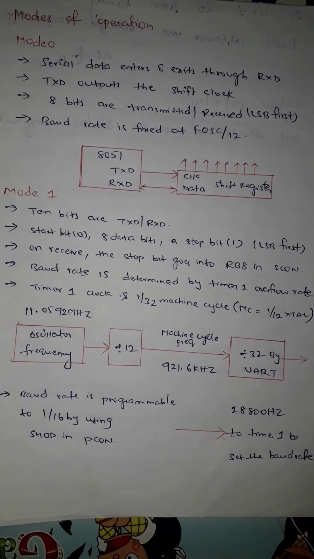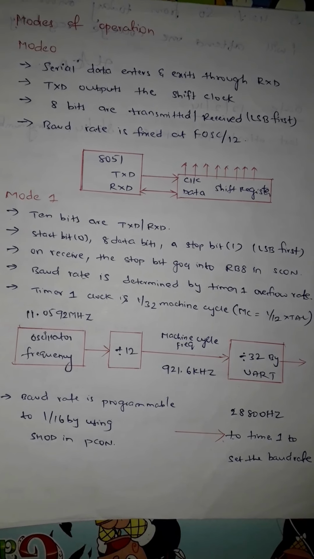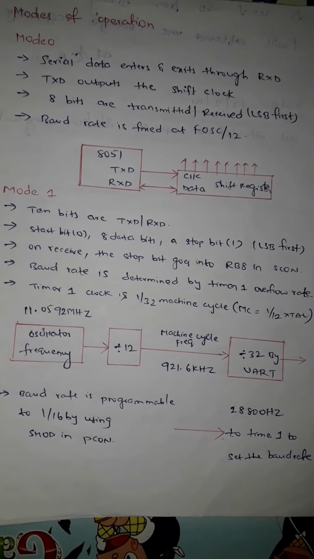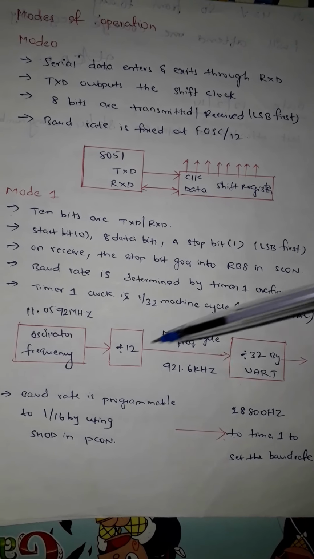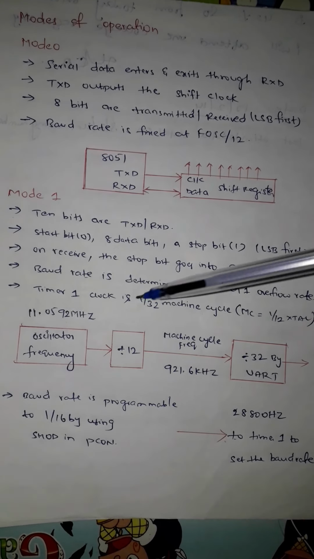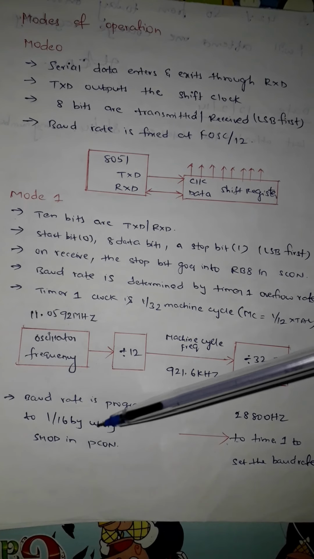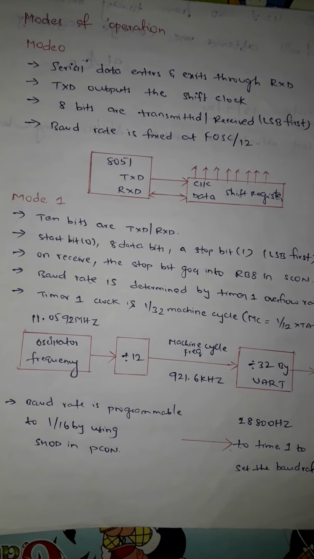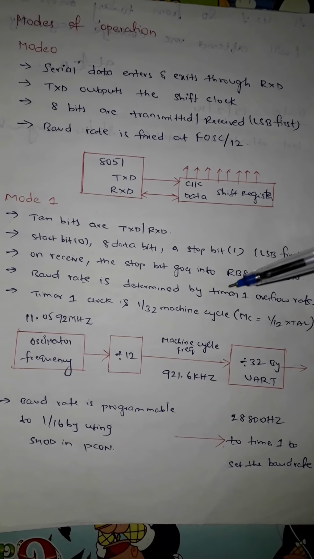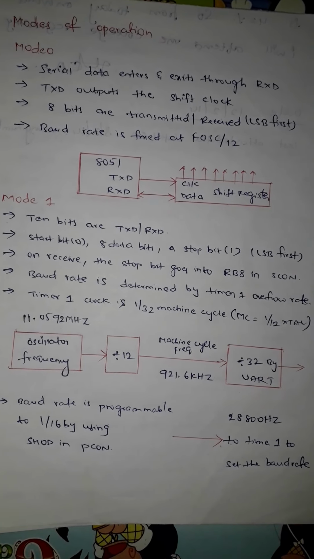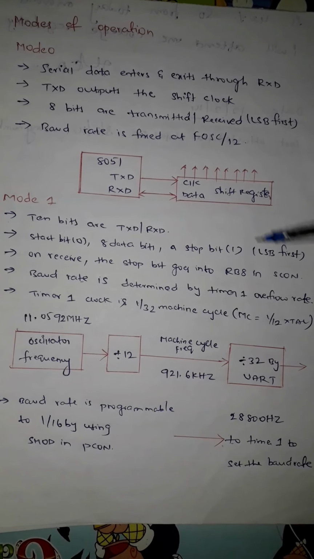In the PCON register, the SMOD bit, the most significant bit, is used to select the baud rate. If SMOD is set to 1, then 1/32 is selected, that is the double baud rate. If it is set to 0, then 1/16 is selected, and the machine cycle frequency is 1/12 of the crystal oscillator frequency. That is shown here clearly.